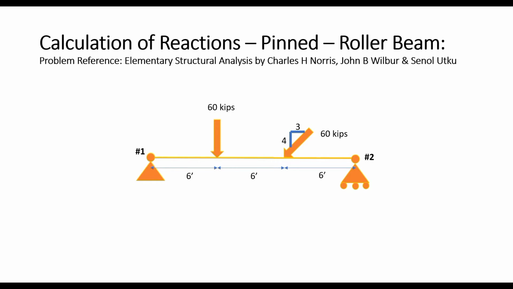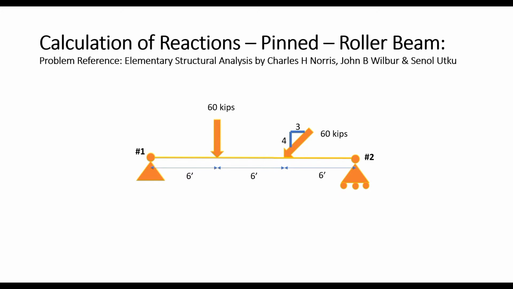Now, as we can see, this is a pinned rollered beam where the beam has been created between node 1 and node 2. The left node, node number 1, is pin supported, and the right node, node number 2, is roller supported.